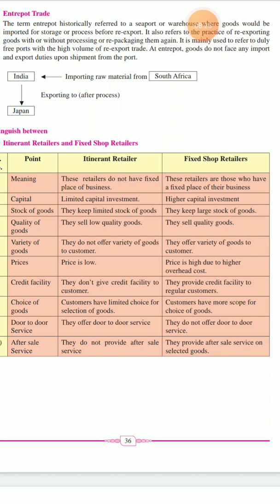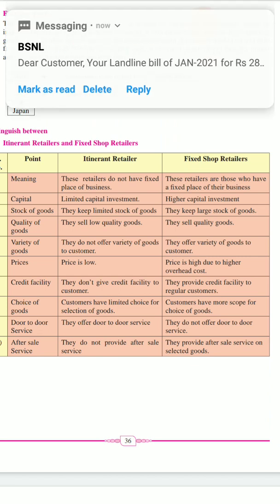Next is prices. Here for itinerant retailers, the price is very low. Okay, for fixed shop retailers, the price is high due to higher overhead cost. Okay, then credit facility. Here they do not give credit facility to the customers because they move from one place to another. So how will they give credit facility?